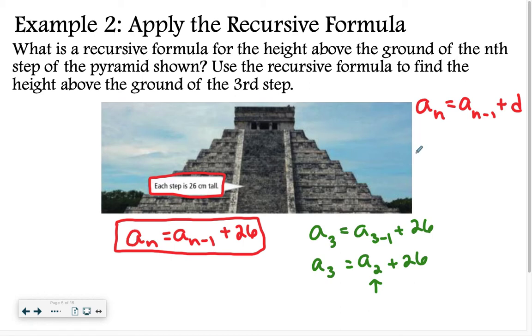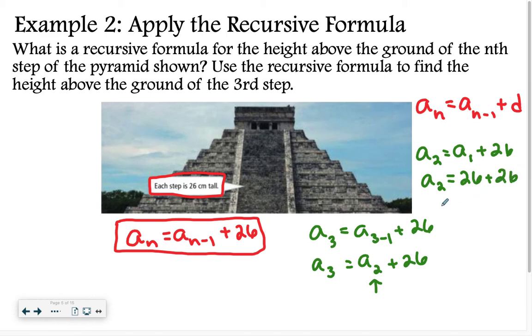So what I have to do is I also have to find a subscript 2. So a subscript 2 is the same as saying a subscript 2 minus 1, which is just 1, plus 26. So our second term would just be, a1 is 26, right? That's how high the first step is.